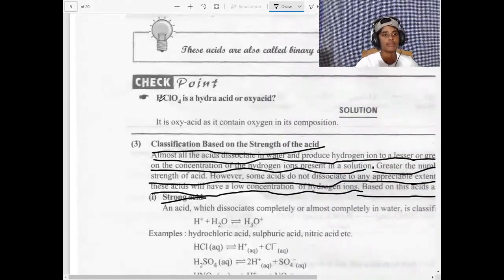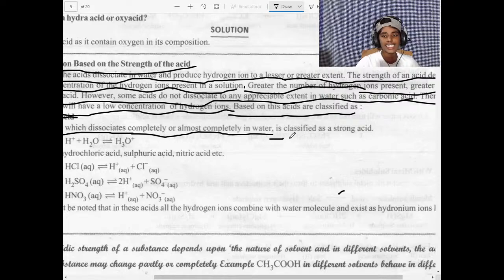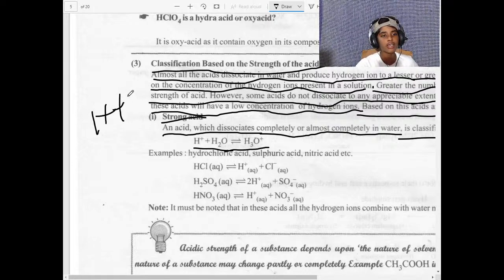First, strong acid. An acid which dissociates completely or almost completely in water is classified as a strong acid. Example: H+ plus H2O will give H3O+, because one H is there and mixes with H2O, two hydrogens, it will become H3O.